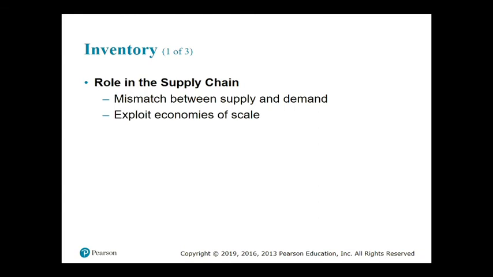So, for example, this mismatch could be a result of economy of scale. Right? So maybe it's more economical to transport products in large batches or produce products in large batches, and as a result, you have to hold inventory that cannot be immediately consumed.